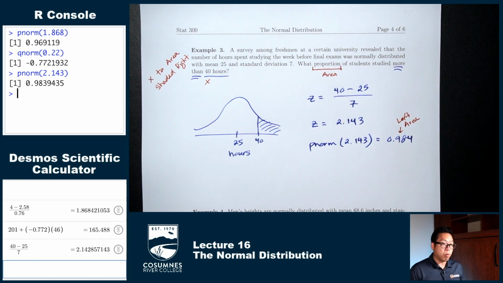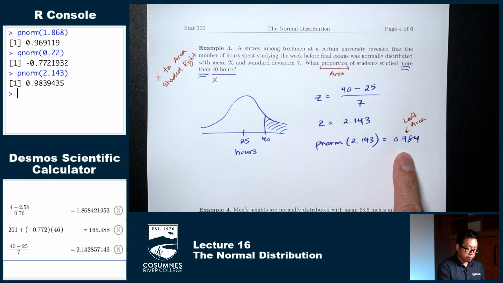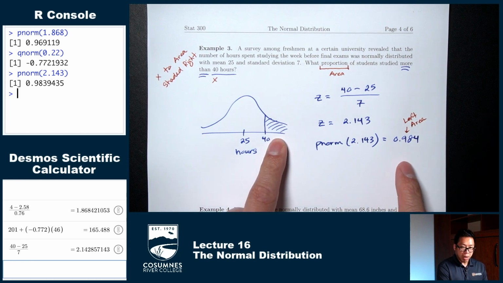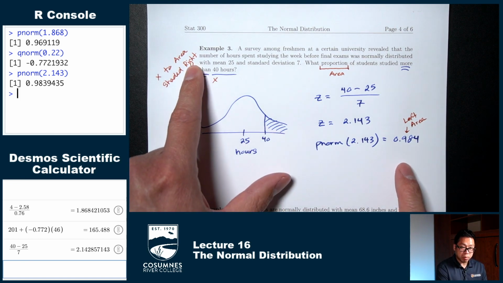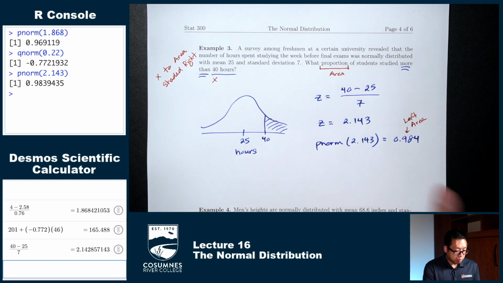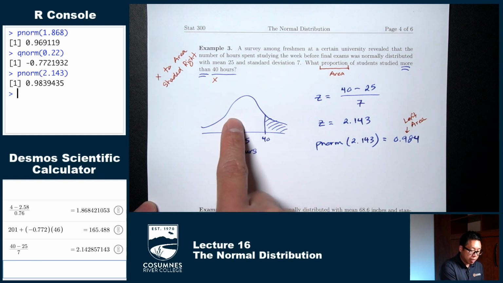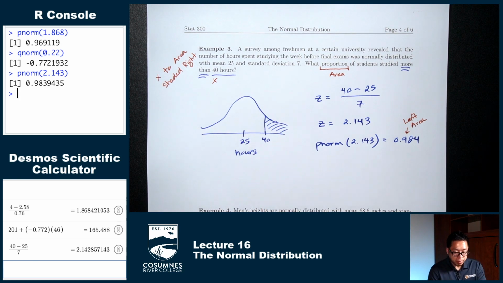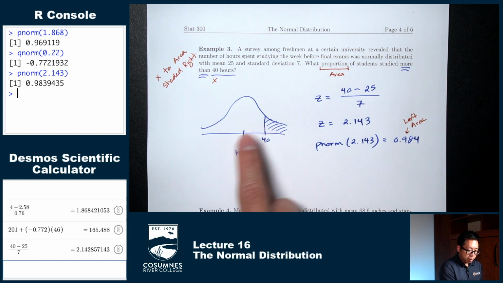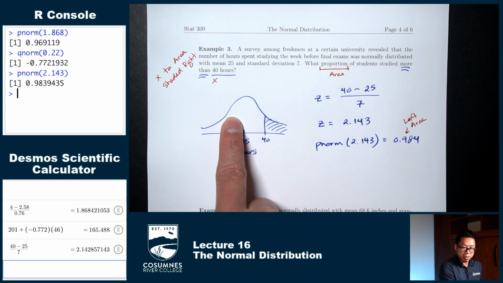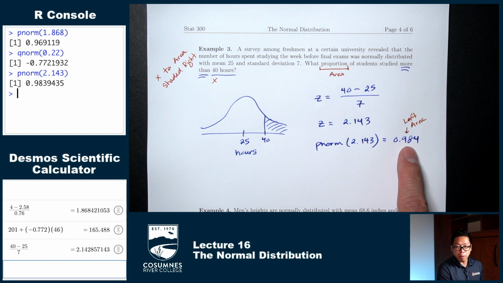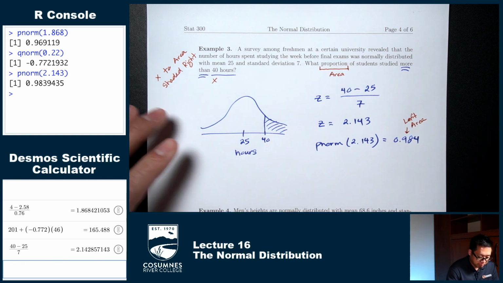Question is, am I looking for a left area? I'm not. I'm looking for a right area. So this is actually not the answer I want, because this is the left area, the white part, the unshaded part. So how do I get the shaded part? Well, the shaded part is the complement of the white part, so all I need to do is 1 minus that.